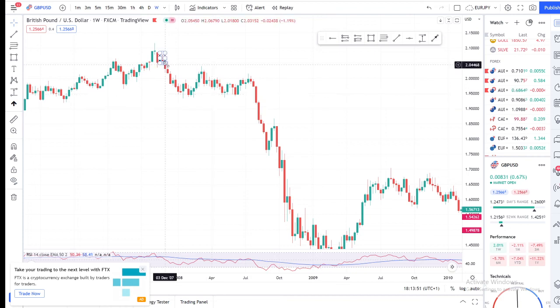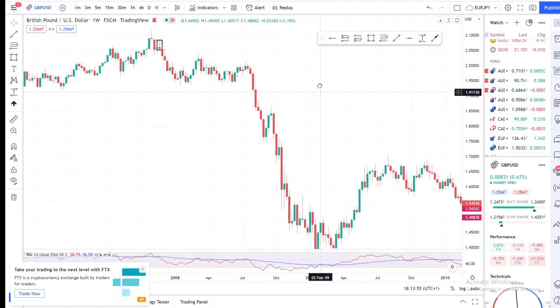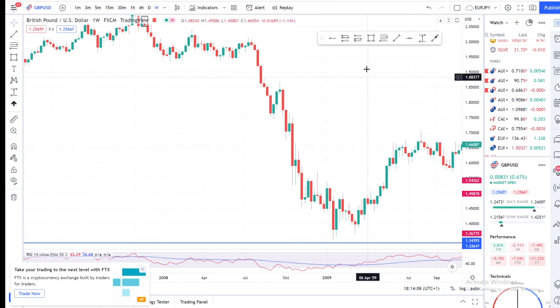But what I want us to now see is we found our shooting star. We need to get a hammer. Right now, I can take this as my hammer right here, because this is the last thing done.